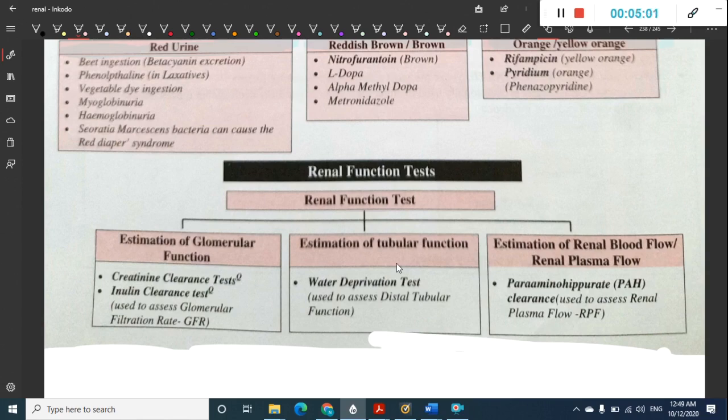Then estimation of tubular function is by the water deprivation test, which is used to assess distal tubular function. Then estimation of renal plasma flow or renal blood flow is by para-aminohippuric acid clearance. These are important renal function tests.